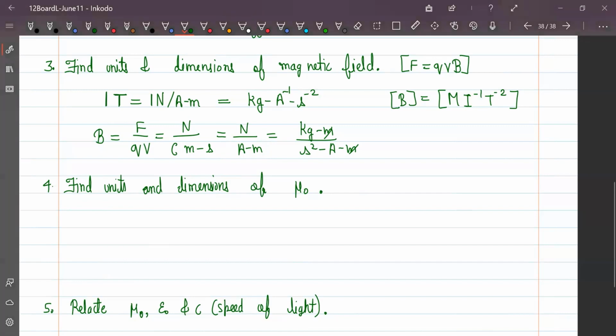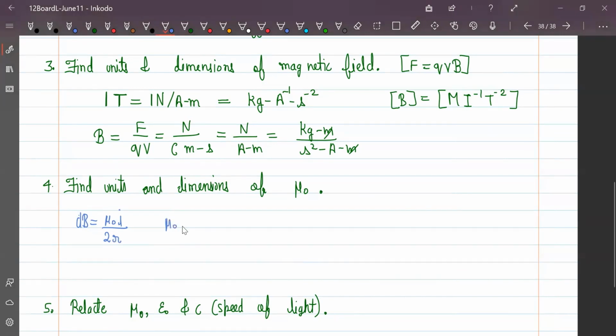Mehul, can you tell me the units of mu naught? You can use this formula. Magnetic field is equal to mu naught I by 2R for a circle. तो Biot-Savart's law भी use कर सकते हैं. That will give you the same thing.